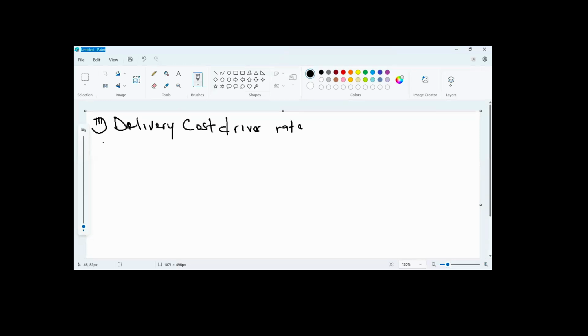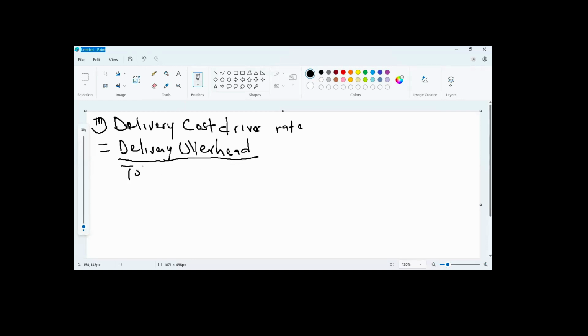This is equal to delivery overhead cost divided by what? What is the cost driver of delivery? Total number of deliveries.